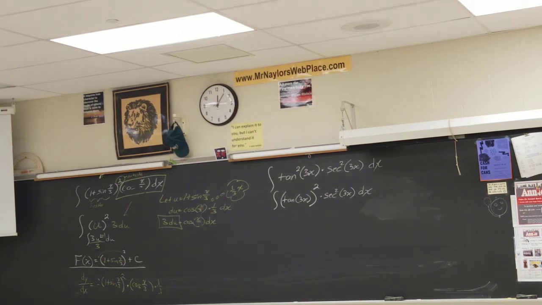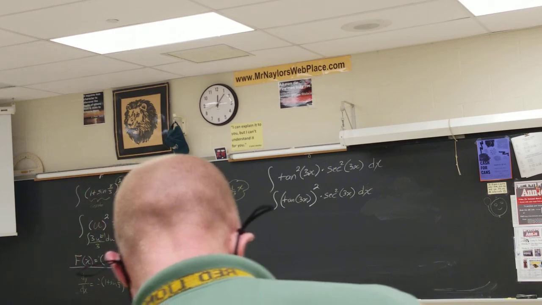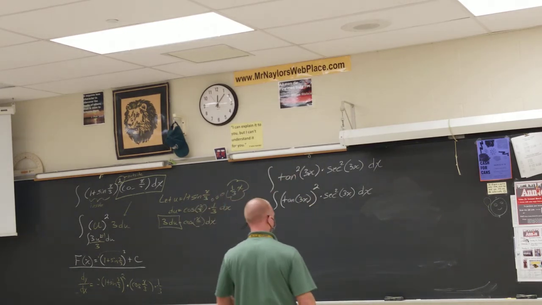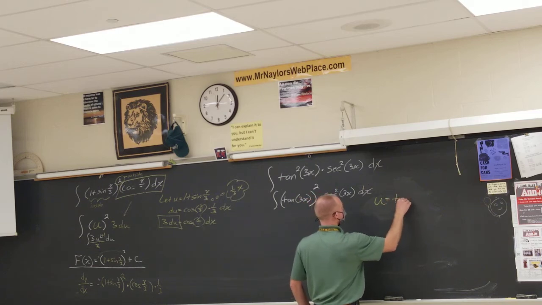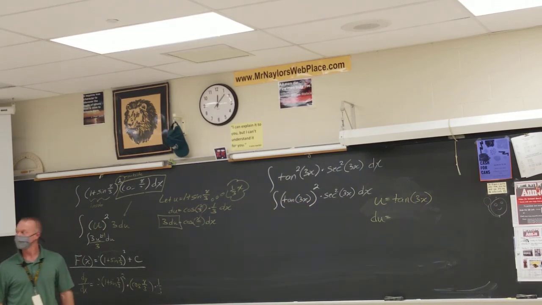The derivative of tangent is secant squared. It's a good sign that you guys took the hint that you understand that u is tangent of 3x.